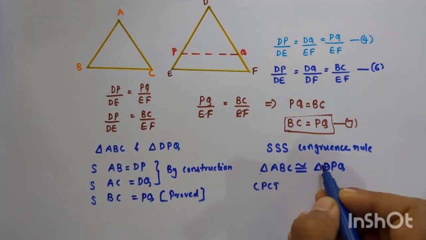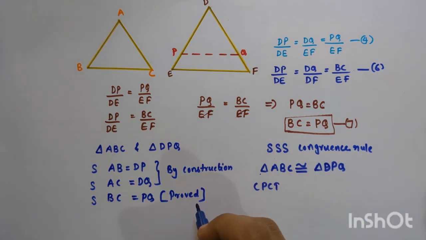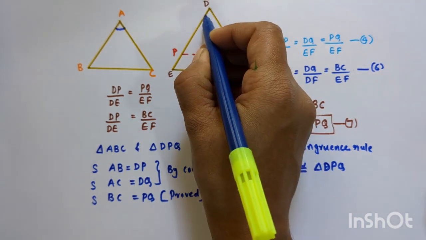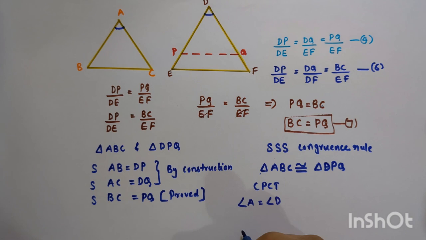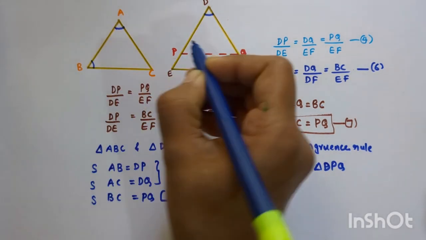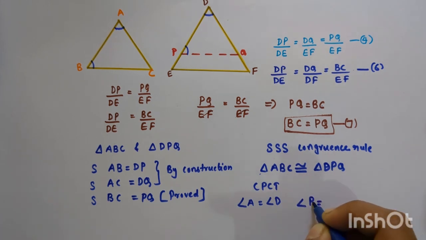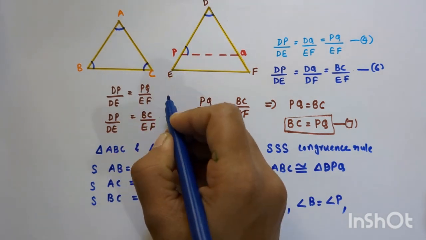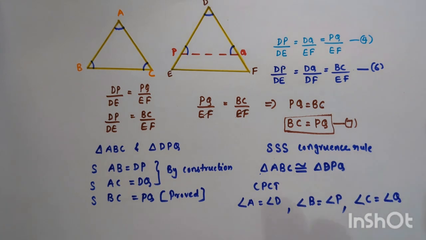If two triangles are congruent to each other, their corresponding angles will be equal. Corresponding to angle A, we have angle D here, so angle A is equal to angle D. Corresponding to angle B, we have angle P here. Then corresponding to angle C, we have angle Q here. So angle C is equal to angle Q.